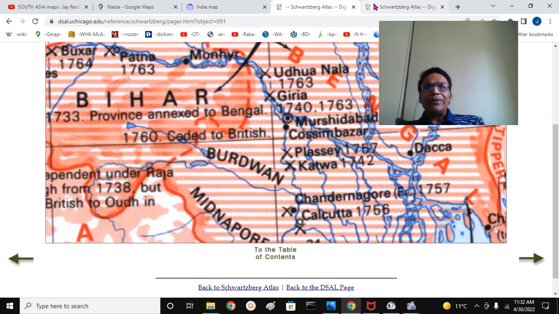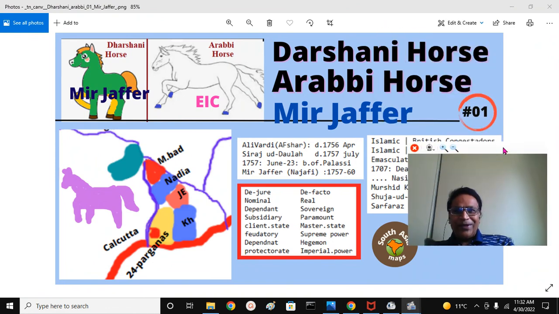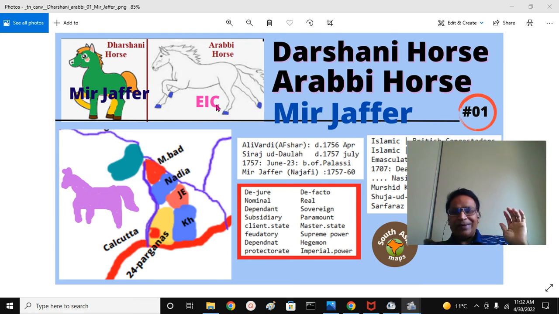So we have seen all of them, and that is about the Dharshani horse and Arabbi horse. A de facto power, East India Company Bahadur, that is Calcutta Council, Robert Clive, and so on, and the Dharshani horse, Mir Jaffer, non-performing, showy, de jure legal, then the de facto ruler.